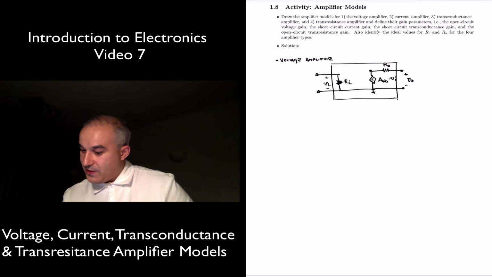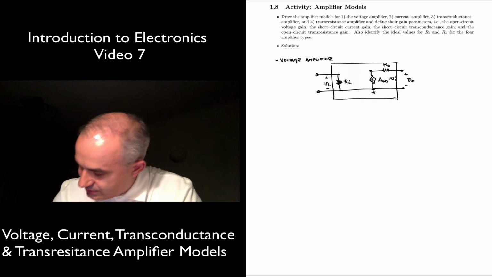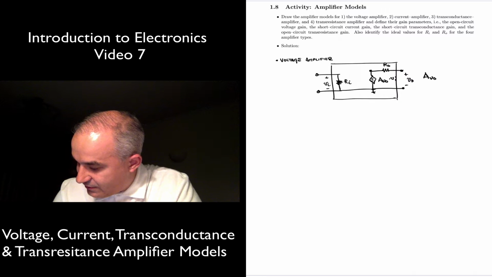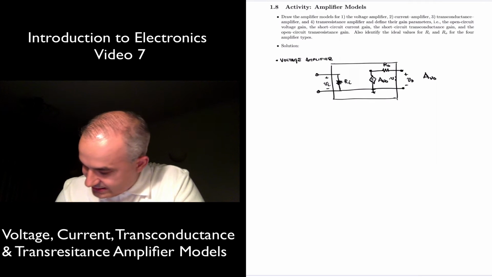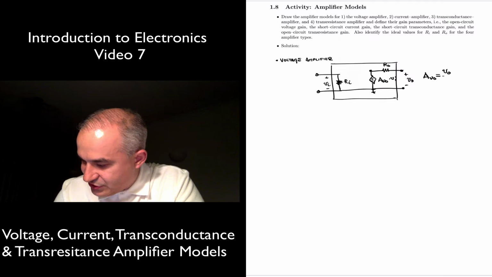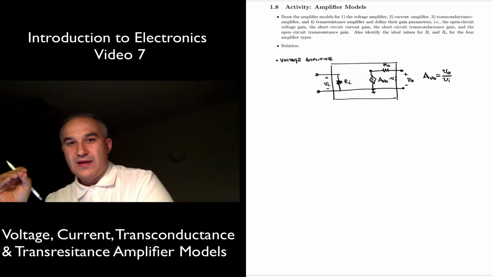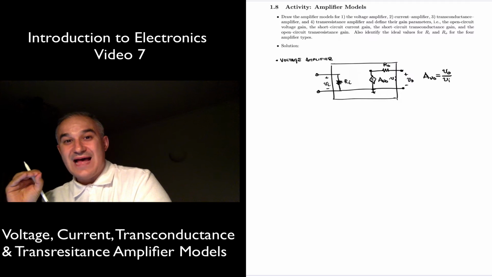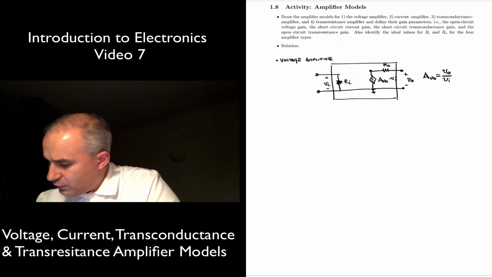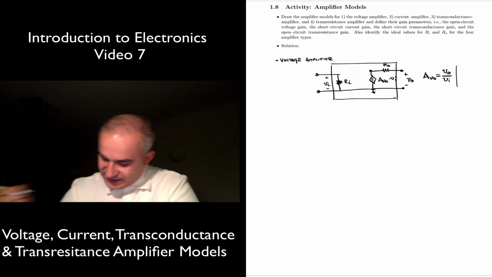Now, the open circuit voltage gain, AV or AVO, I defined it here, is defined as the output voltage over the input voltage. Remember, when the circuit is unloaded. How can we say that? Well, we can say it in two ways.